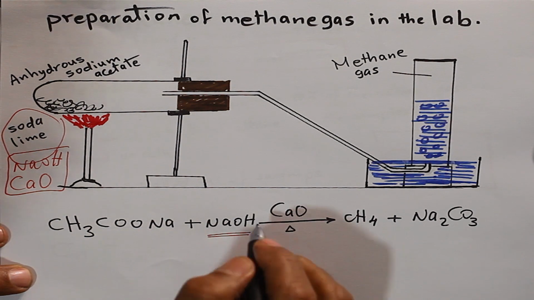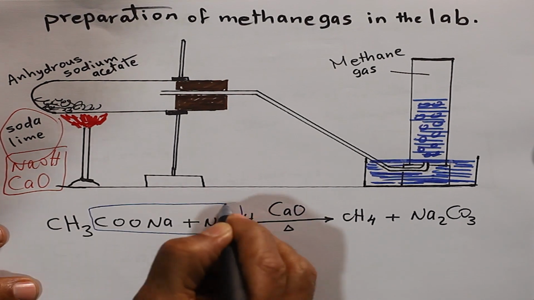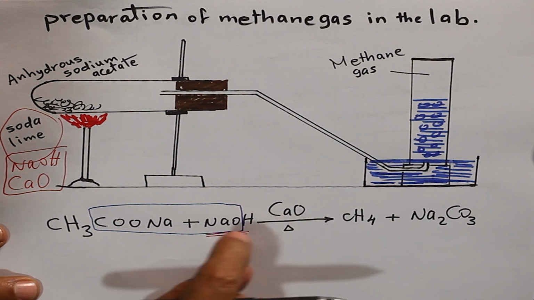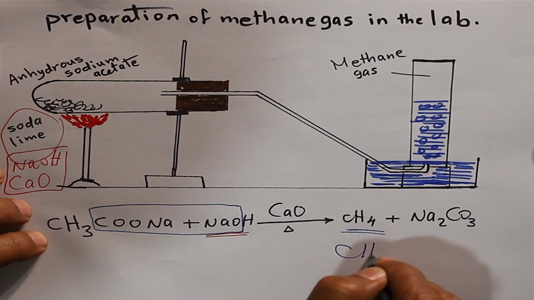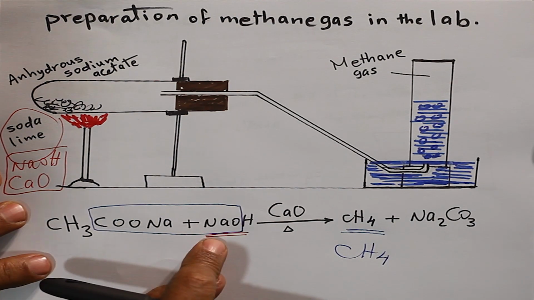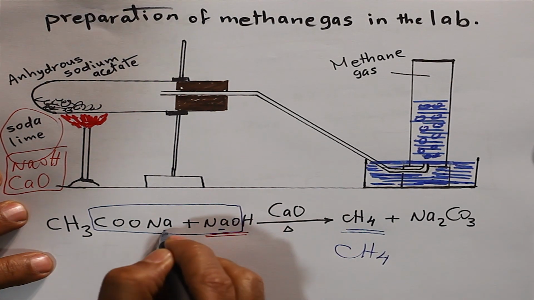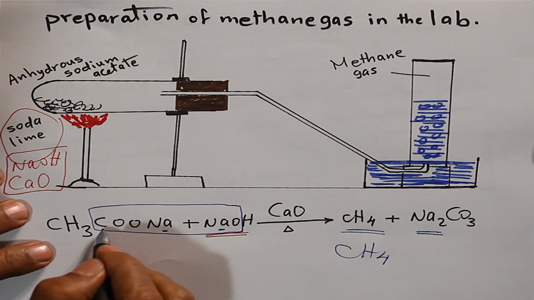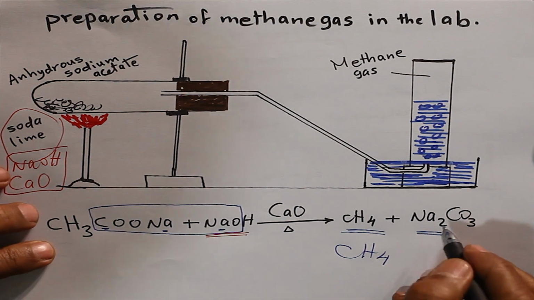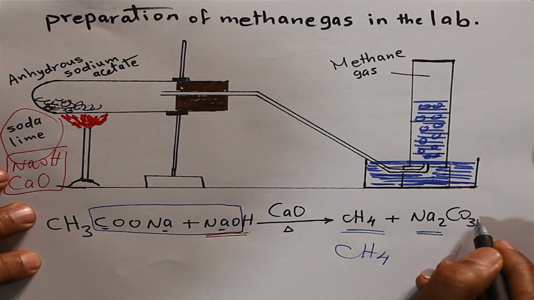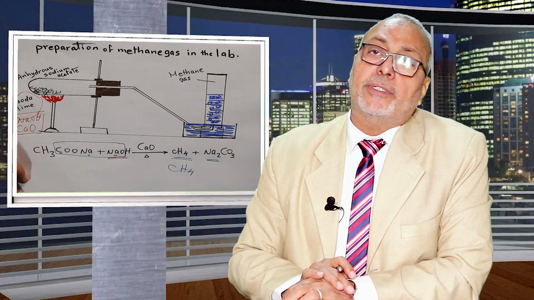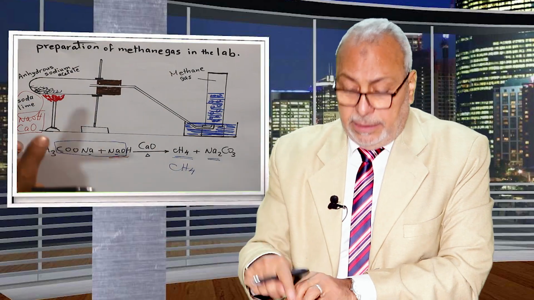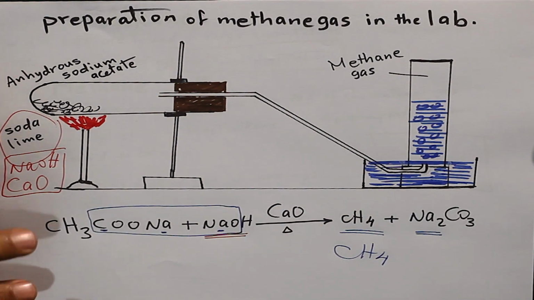CH3 from here, hydrogen with CH3 formed methane, CH4. The remaining 2 atoms of sodium, Na2, 1 carbon and 3 oxygen, Na2CO3, sodium carbonate.